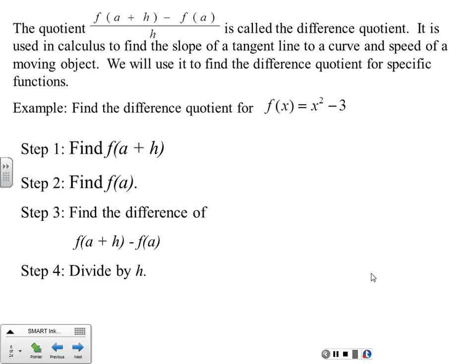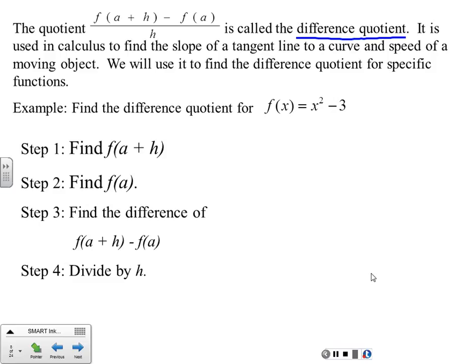Anyway, what we're doing is building blocks for calculus. This is called the difference quotient. The difference quotient is a function, or a tool, I guess you could say. In calculus, we're going to use the difference quotient to find the slope of the tangent line to any curve.